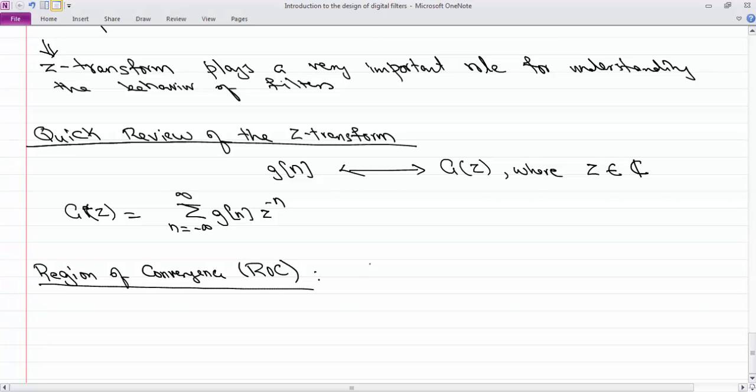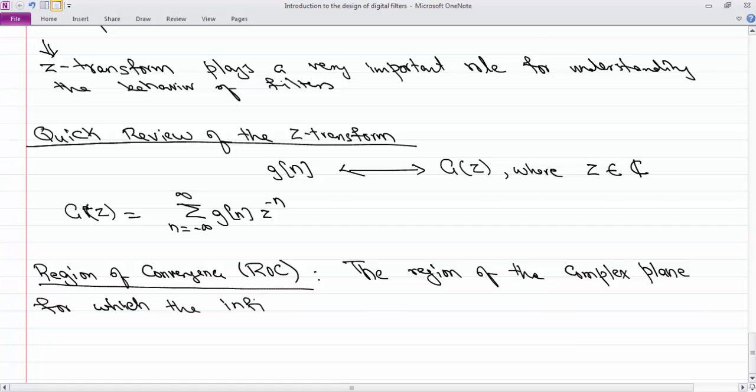And as the name implies, this is the region of the complex plane for which the infinite sum converges. And convergence means that if I compute the absolute value of g of z, that should be less than infinity.